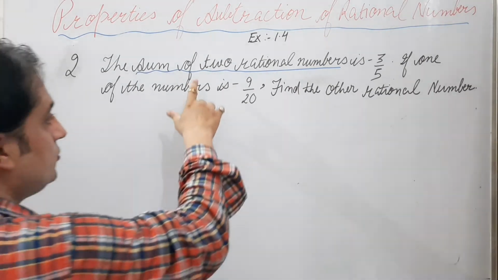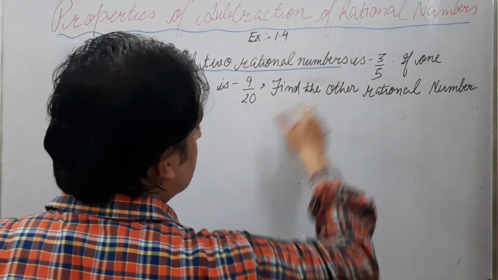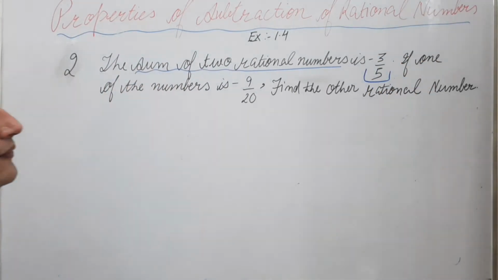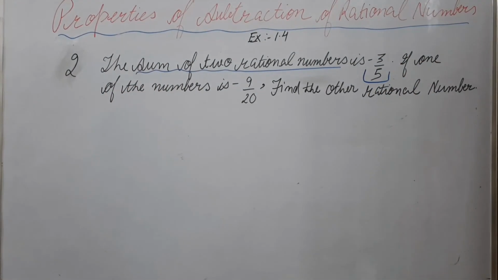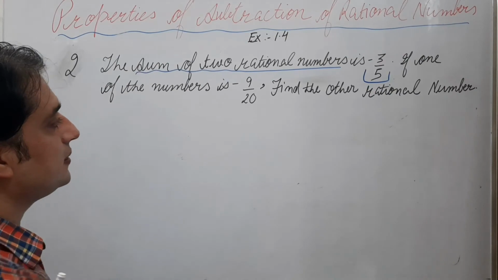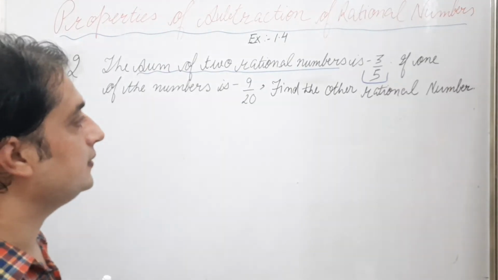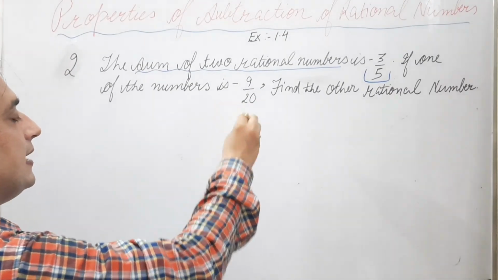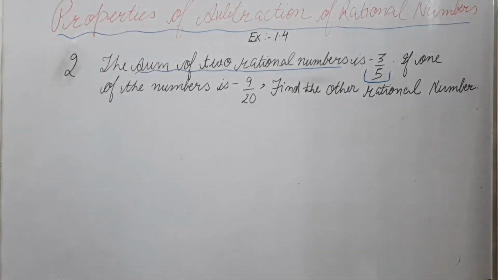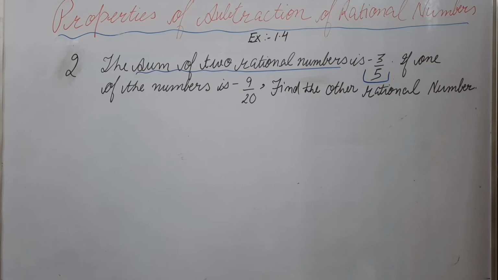But here in this question the sum of two rational numbers is given, and that is minus 3/5. The addition of two rational numbers is given. If one of the numbers is minus 9/20, you have to find the other rational number.